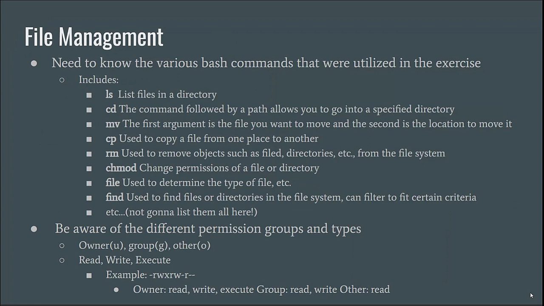Back to the permissions for the files and directories. There's 3 different types. You have owner, which is signified with u, group is g, and other is o. And you can assign various permissions to these groups and types.